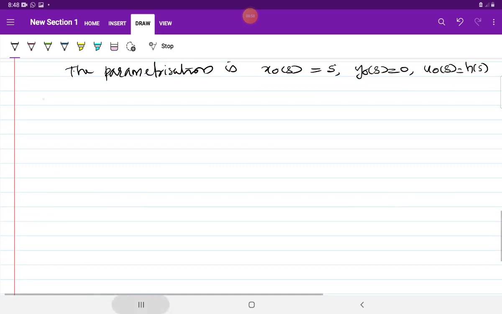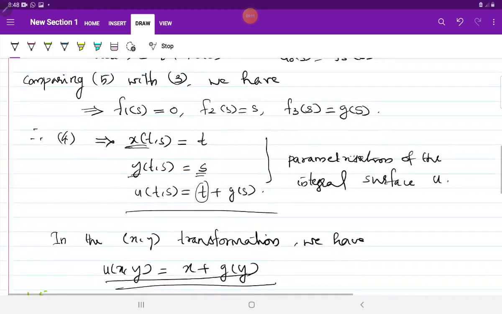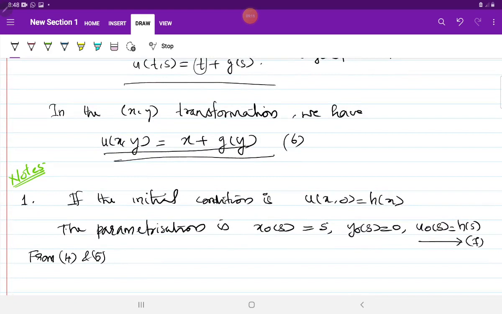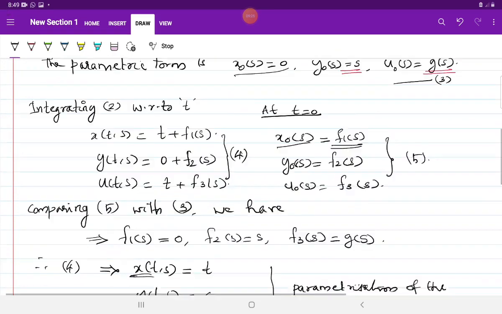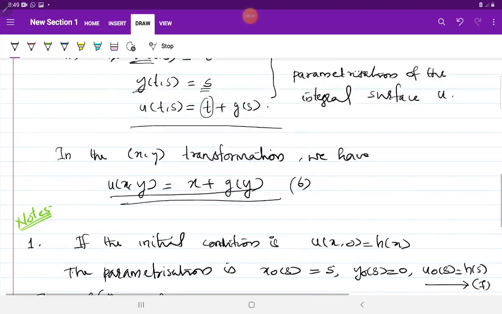So from equation 4, let this be equation number 5, let this be 6, this be 7. Okay, so from 5, which gives the characteristics at the point t equal to 0, from 5 and 7 we have f1 of s will be s itself.